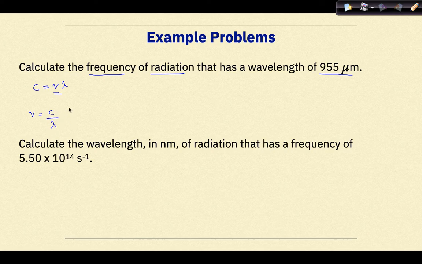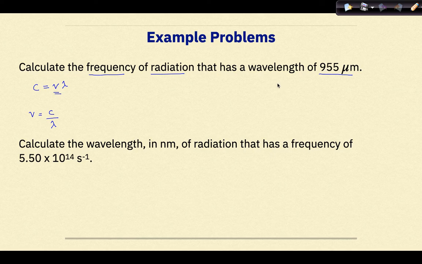Now the key thing to realize here when you look at speed of light is that speed of light is in the units of meters per second, and we have a wavelength of 955 micrometers. So the first thing that I'm going to do is get rid of the micrometers and convert this into meters.